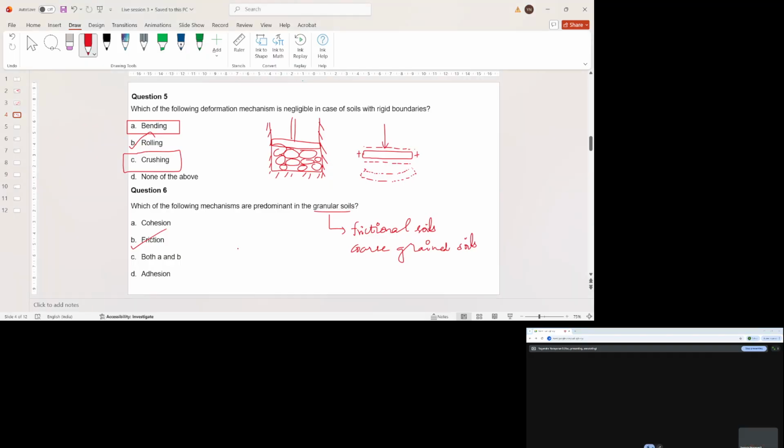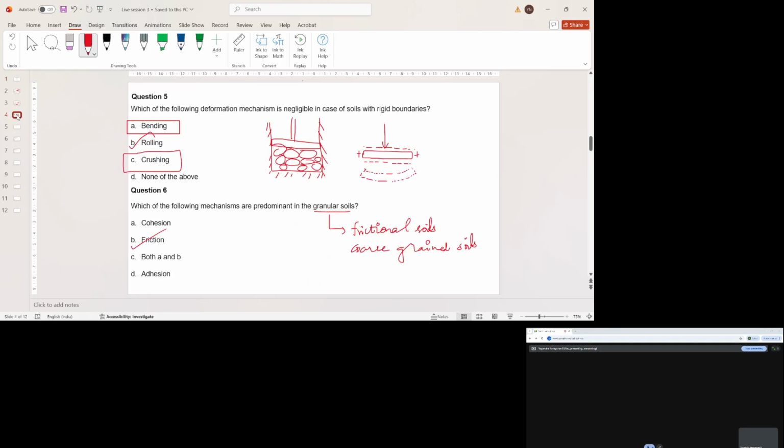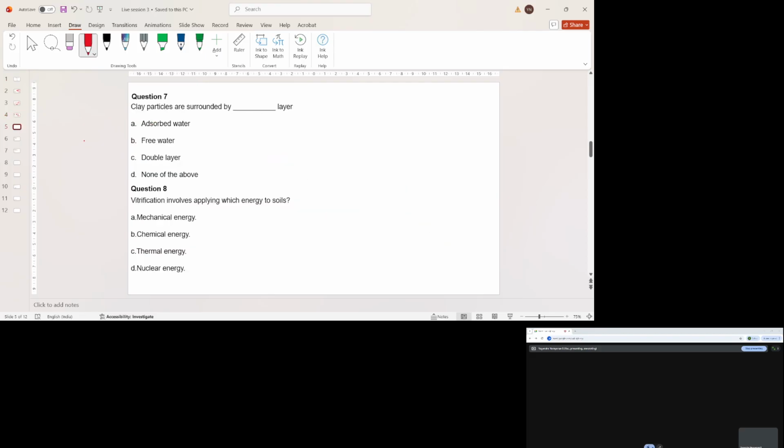So coming back to the next question. Question number 7 for today: clay particles are surrounded by dash layer.